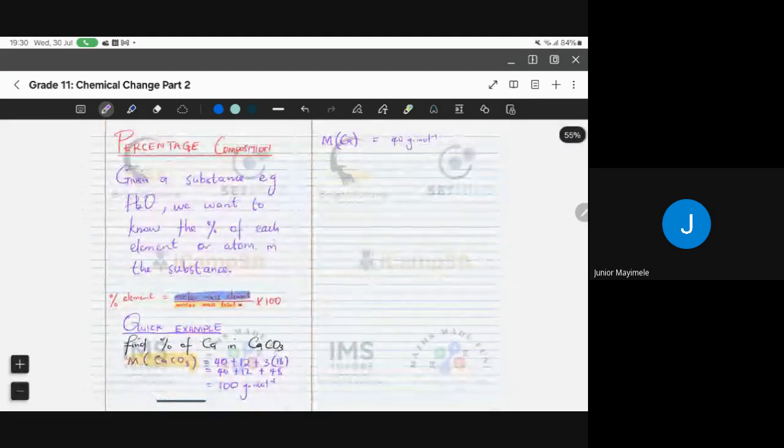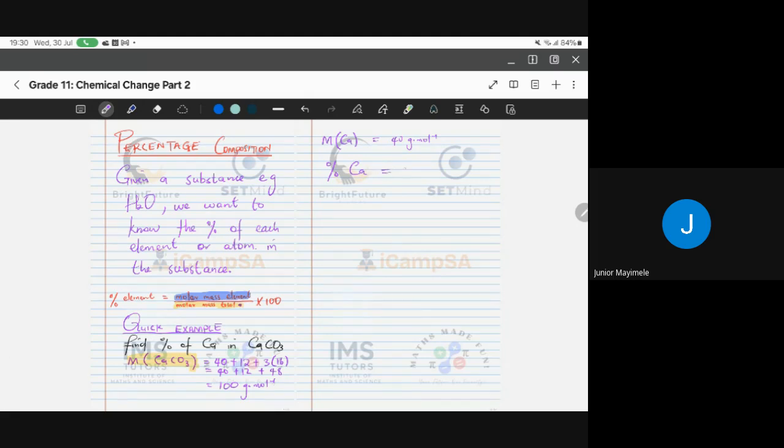Good. Now we can say the percentage composition of calcium is the molar mass of calcium over the molar mass of the whole compound or substance, times 100. This would give us 40 over 100 times 100. You see what's happening here.